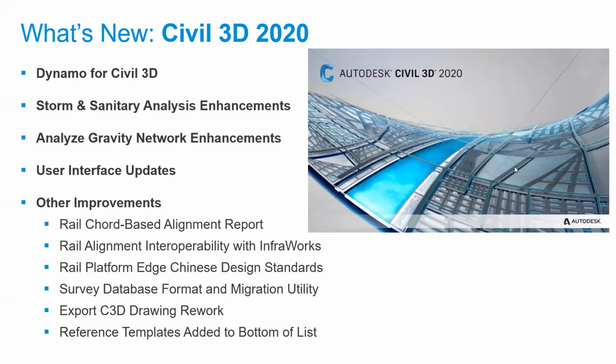Or things like retaining walls, or overall Civil 3D objects, either from 3D polylines, 2D polylines, or other blocks from AutoCAD. You can now automatically start creating scripts within Civil 3D and use Dynamo to help you automate your design process.